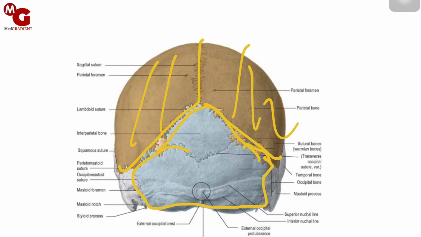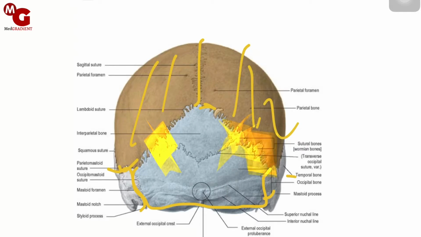Now we can have one occipital bone over here, and this is the temporal part. Over here you can see these structures. Let me highlight. One is over here, one here, and one here, right?